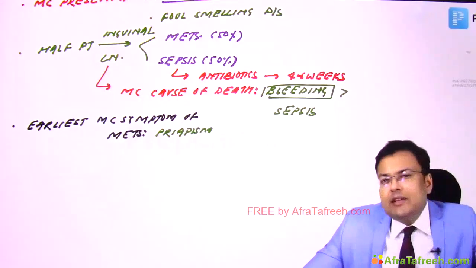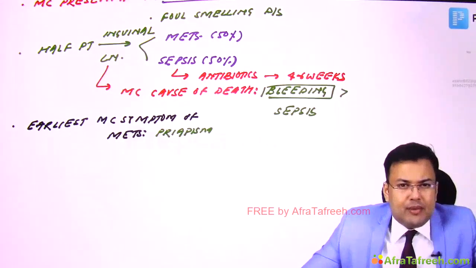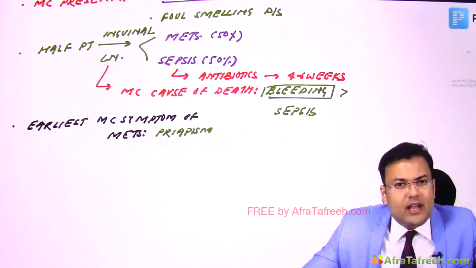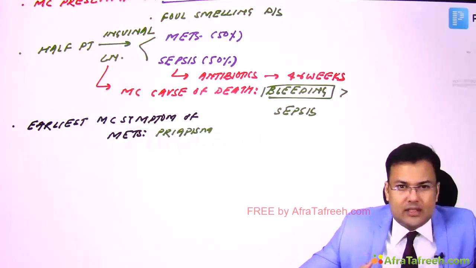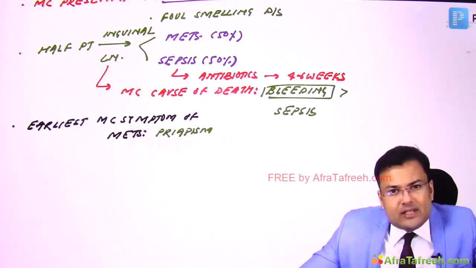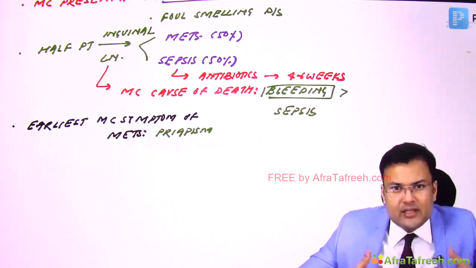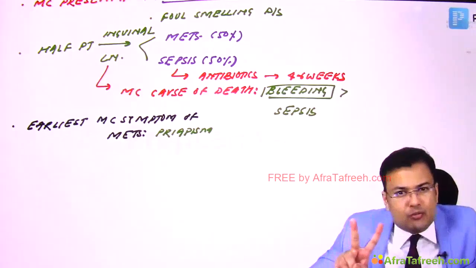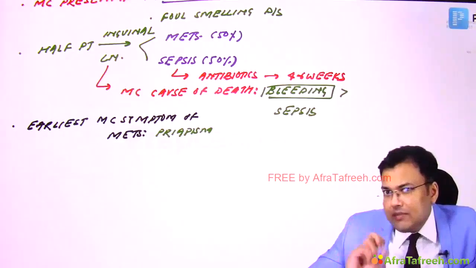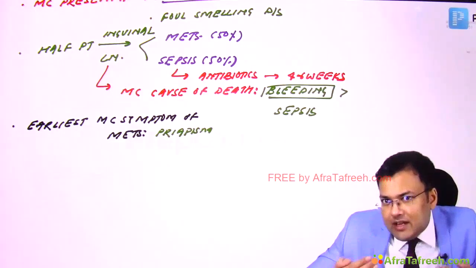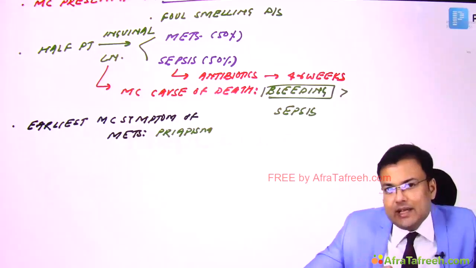What? That even in, what is the route of spread in carcinoma penis? Hematogenous spread. And what is the most common site of metastasis? Lungs. Okay, simple. But what is seen that even in advanced stages of carcinoma penis, the incidence of pulmonary metastasis is rare. Why? Because tunica albuginea and buccal fascia, these are two strong barriers and these are going to prevent the invasion of vessels, and that's why incidence is rare.